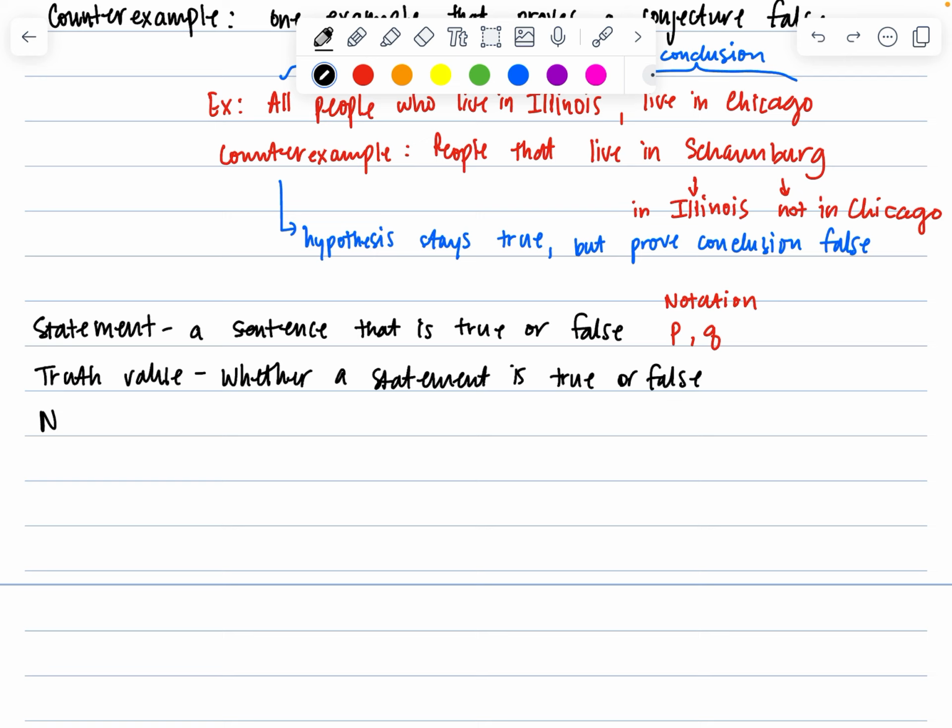Okay, and the last one is called a negation. We use the symbol that looks like a squiggly. It's a tilde. And this just means the opposite meaning, the opposite of the truth value, whether it's true or false.